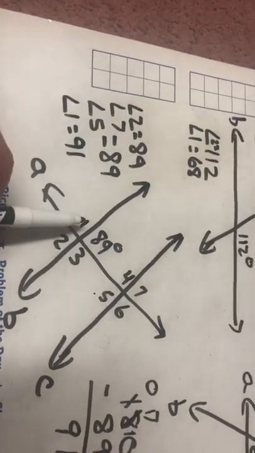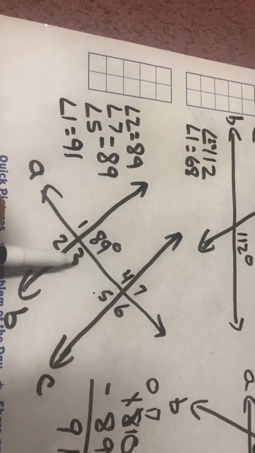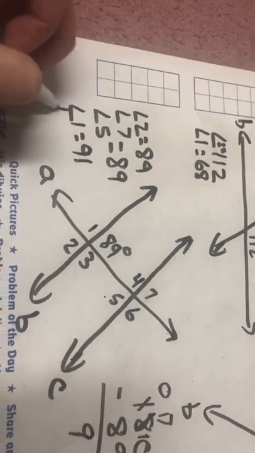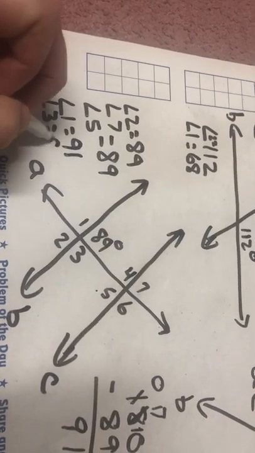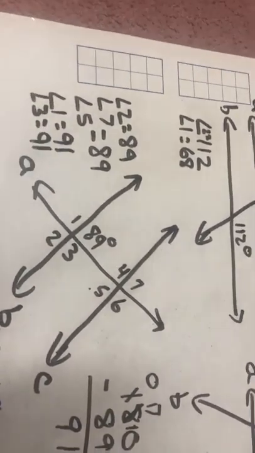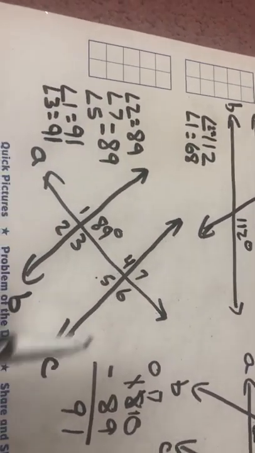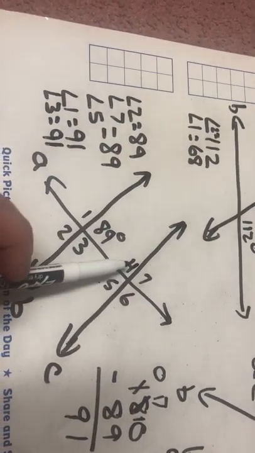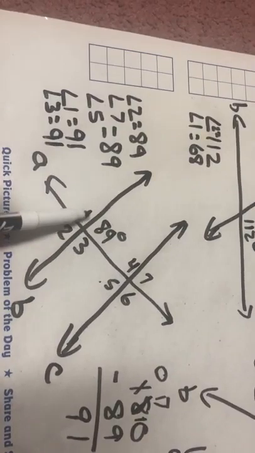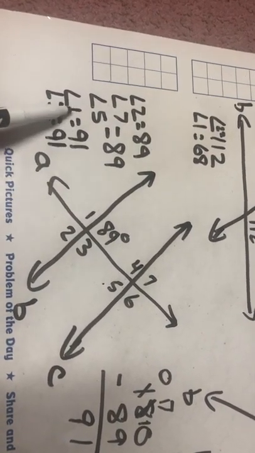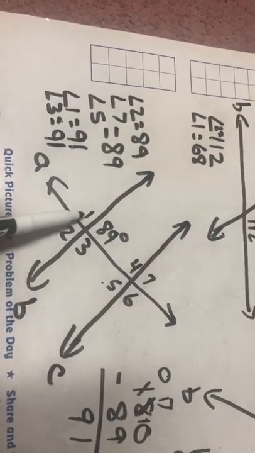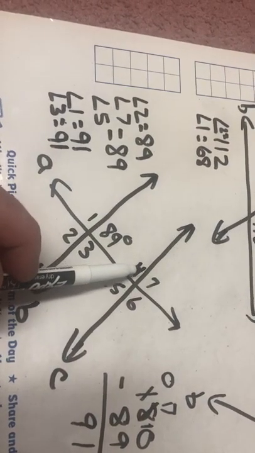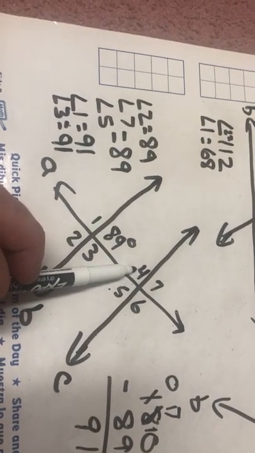Well, if angle 1 is 91 degrees, the one opposite angle 1, which is angle 3, must also be 91 degrees because opposite angles are equal. In the same spot as number 1 is number 4. And if number 1 and number 3 are 91, and number 4 is in the corresponding spot with 1, angle 4 must also be 91 degrees.